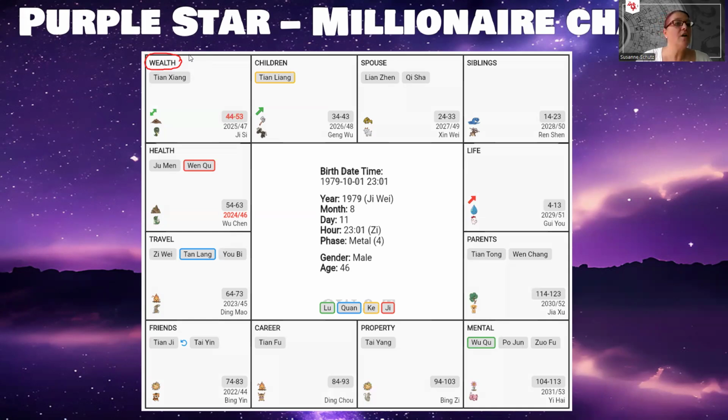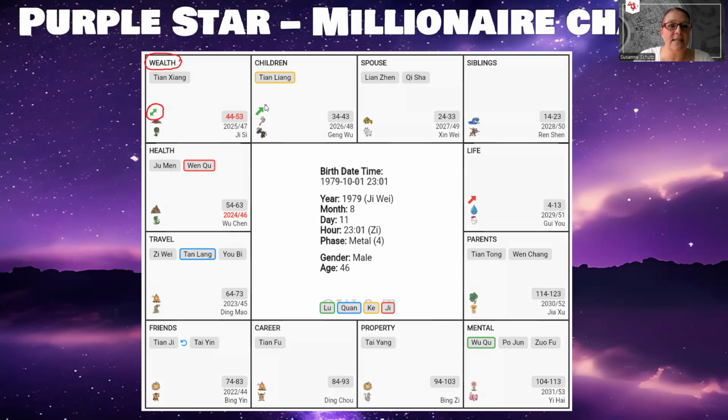Now, one of the formations that can indicate the potential to become a millionaire or becoming very wealthy is what we call the elastic enhancer formation. So what you need to look at is whether or not you have a double-headed arrow in your wealth palace, not a single-headed arrow.